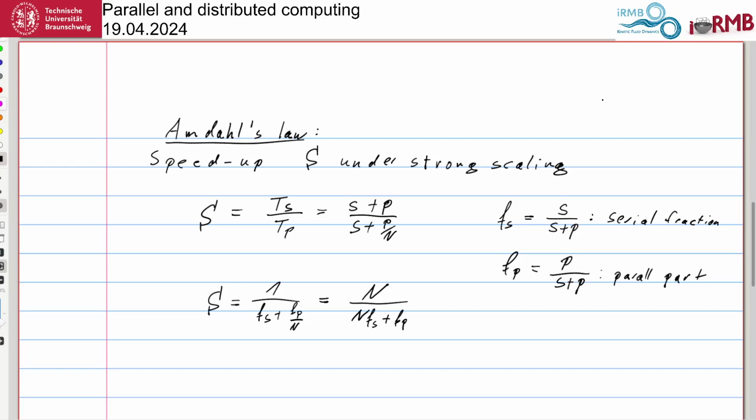We obtain this by taking the limit of the number of workers to infinity of n divided by (n fs plus fp). You can very easily see that when n gets large, both numerator and denominator get large, the parallel part becomes negligible, and we end up with 1 over fs.